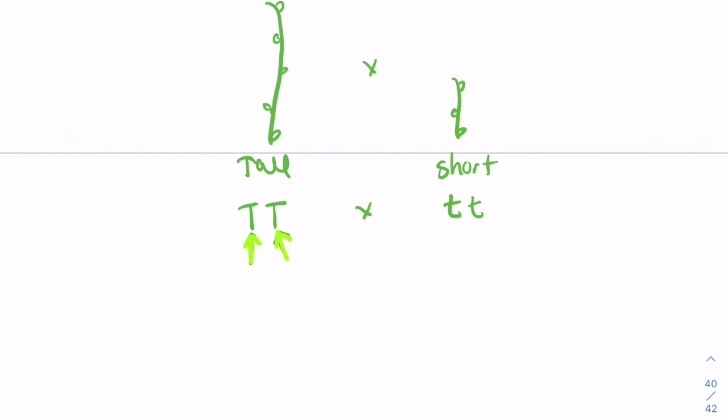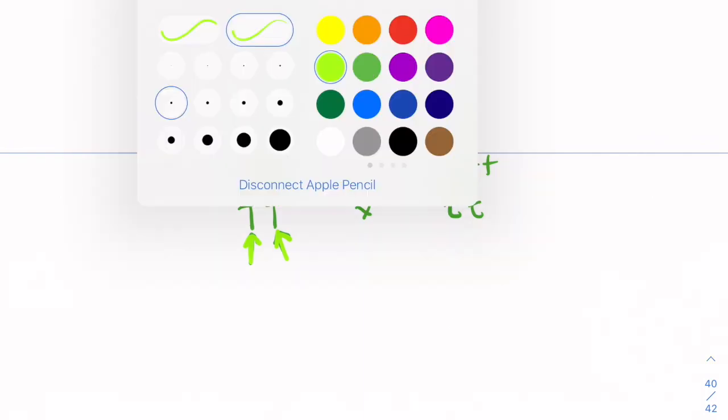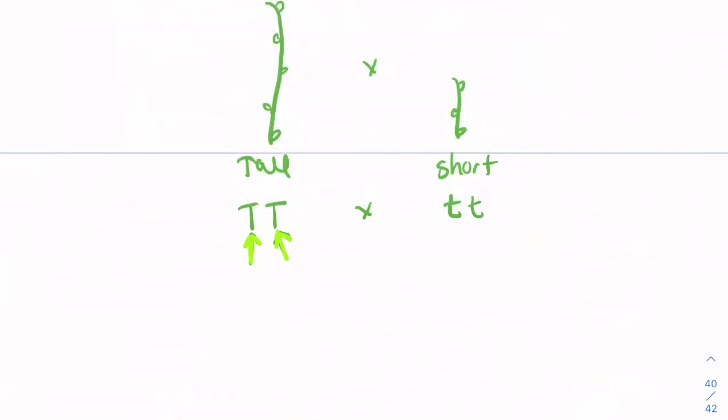But either way, this tall pea plant can only donate a dominant allele to its plant babies. Likewise, this short plant in its plant gametes can either donate this allele or this allele to its plant babies. What's the difference? They're the same. It can only donate a recessive allele.